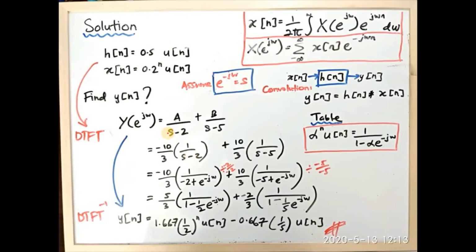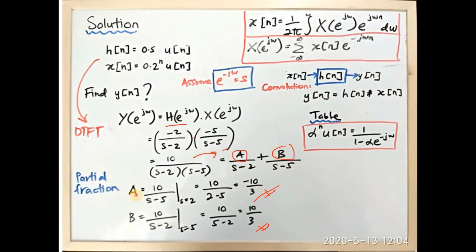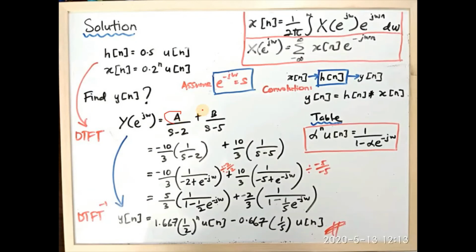Then we substitute the values for A and B, and you get this equation. Right now we substitute back the s value, equivalent to e^(-jω).